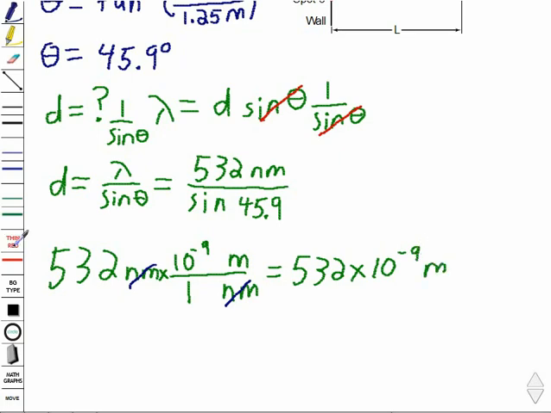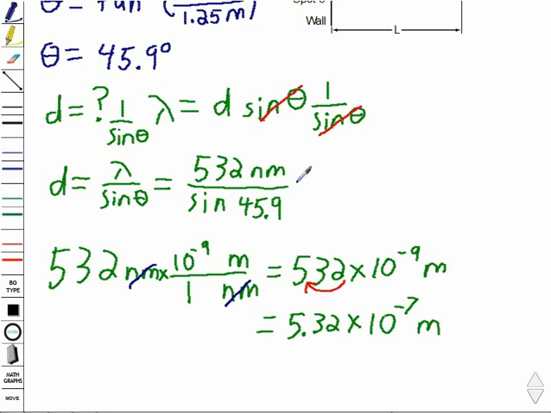And I really should put that in the correct notation, scientific notation, which is get the decimal place over 2 spots. So that would give me 5.32 times 10. I moved it 2 spots to the left, so my number gets larger by 2. My exponent gets larger by 2, which would make it 10 to the negative 7th meters.